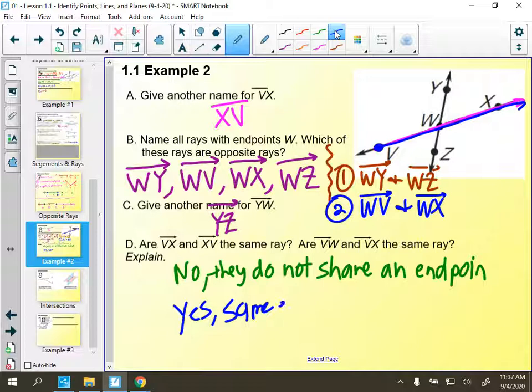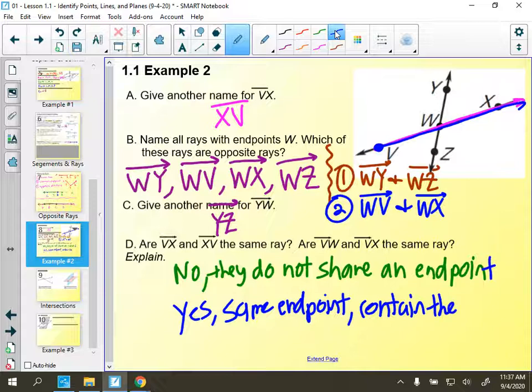And they contain the same points, the same set of points.